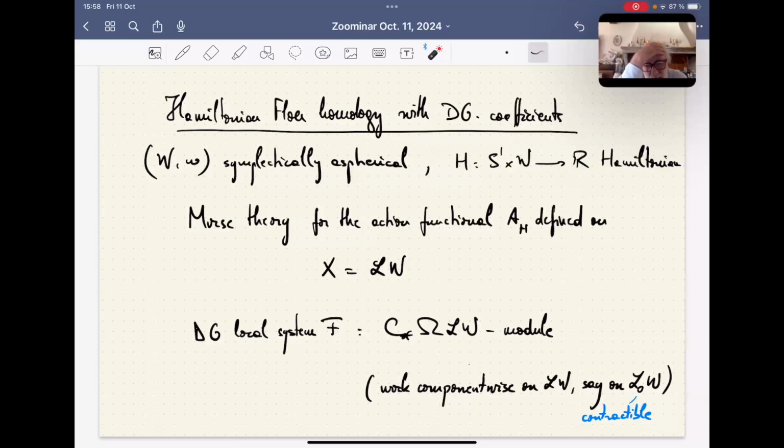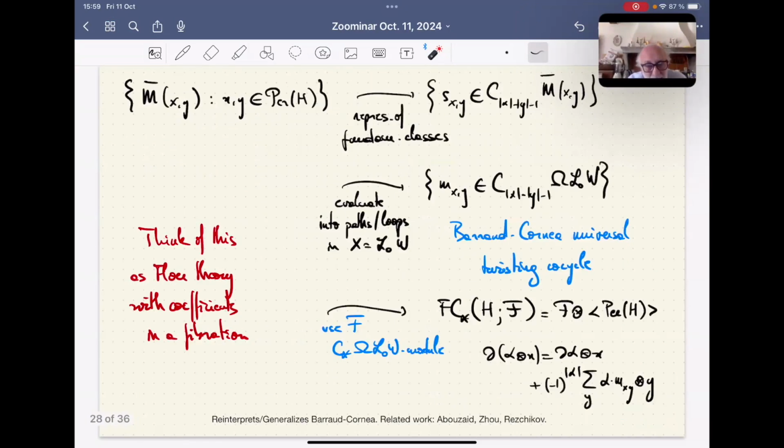And let's say we work component-wise, and subsequently I will work on the component of contractible loops. So it looks maybe weird to see all these symbols one after the other, chains on base loops, on free loops, but it's just natural. This is how it comes to us, and the procedure is the same.